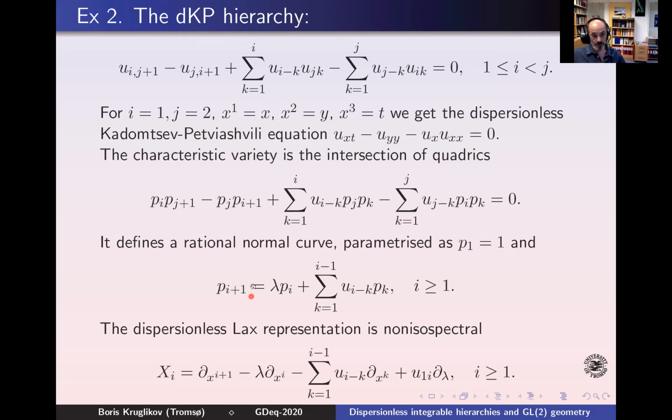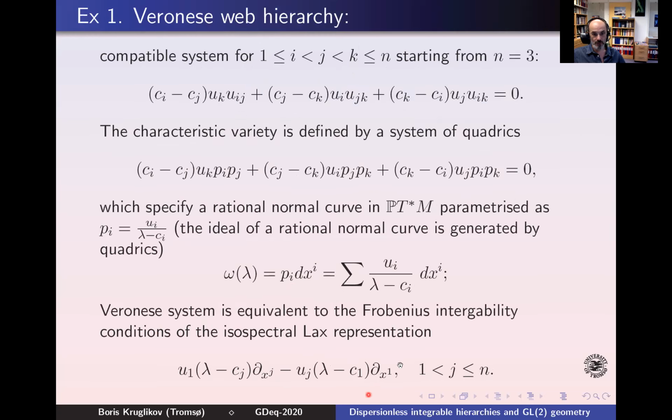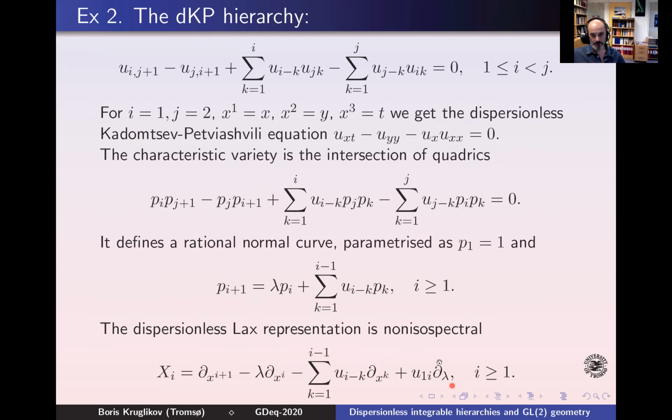And then we can successively find all pi plus 1 through the lower pi and pi minus 1 and so forth. Okay, so we can unite all of this into omega lambda again. And there are dispersionless representations. The difference between this example and the previous example is that here, unlike in Veronese, there's no d by d lambda, so it's isospectral, while here there exists d by d lambda.